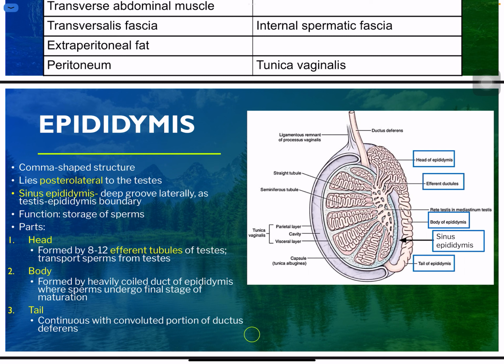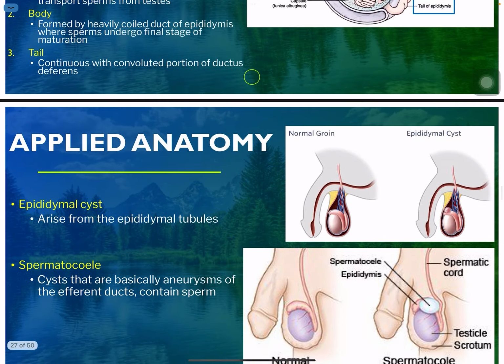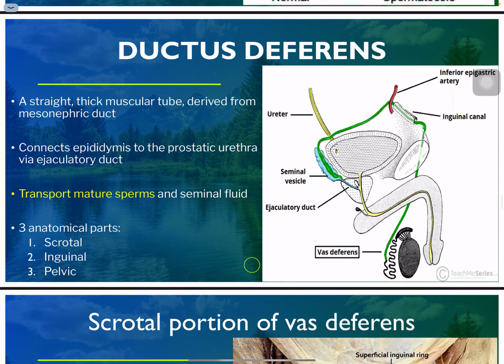So sekarang nanti ada ejaculatory duct sebelum dia akan connect masuk ke prostatic urethra. It transports mature sperm. So the vas deferens always transports mature sperm, sebab tadi proses mature tu berlaku di body of the epididymis. Okay, so dia transport dia sekarang.